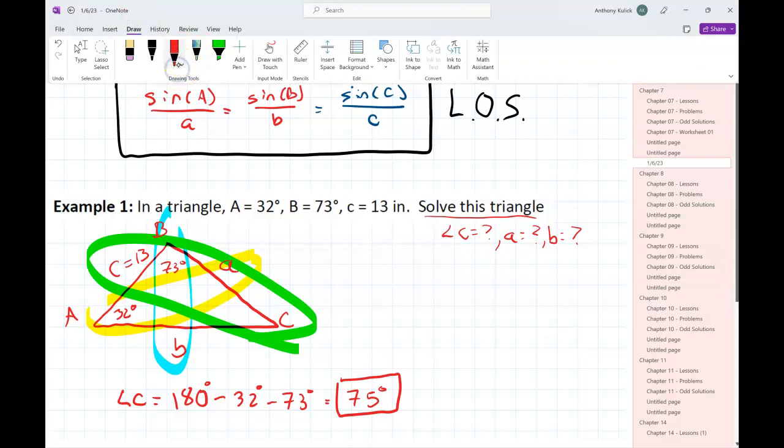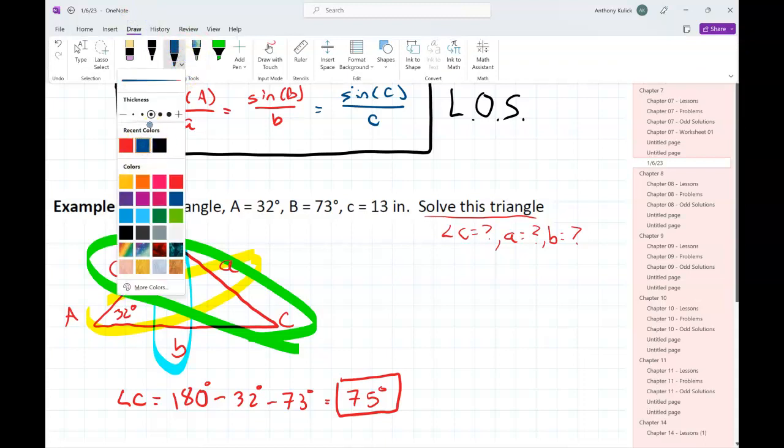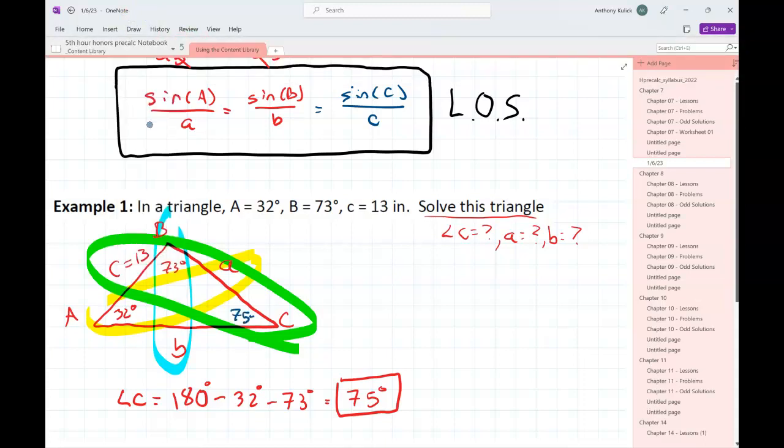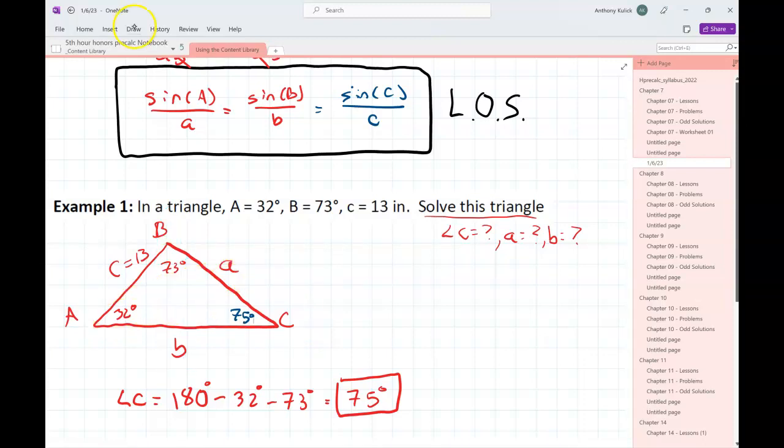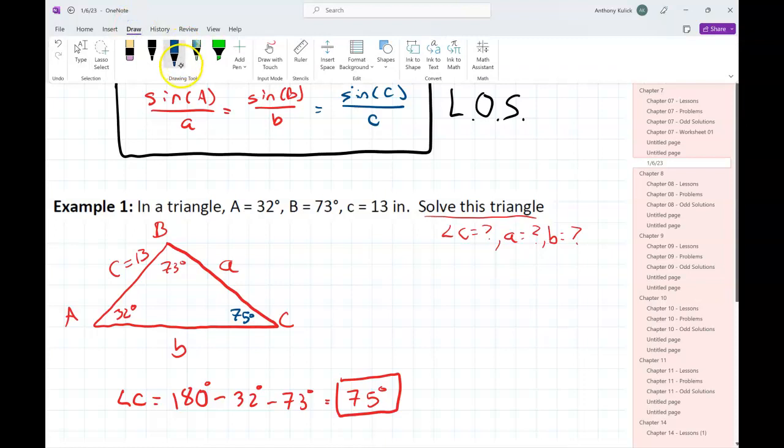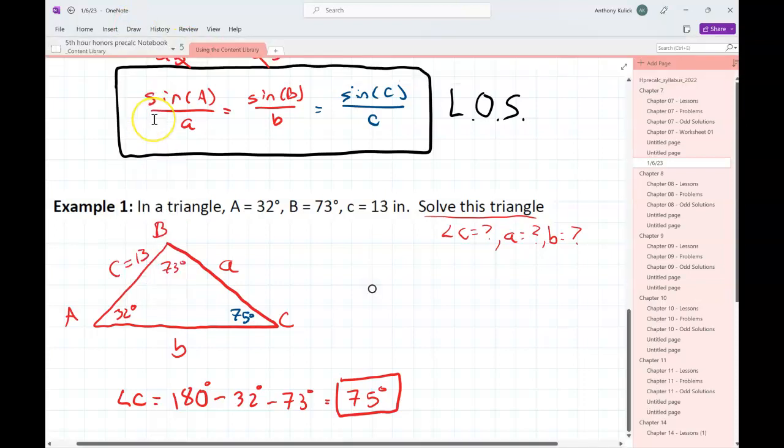And once I've found one of these values, I'll write it in, and I'll use a different color to show that it wasn't given information, that I actually found it. Everybody happy here?